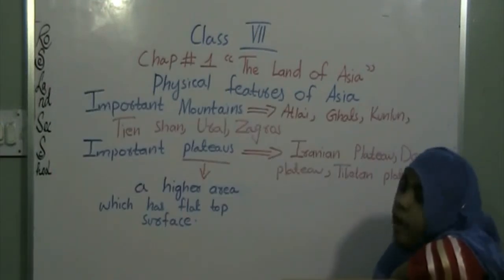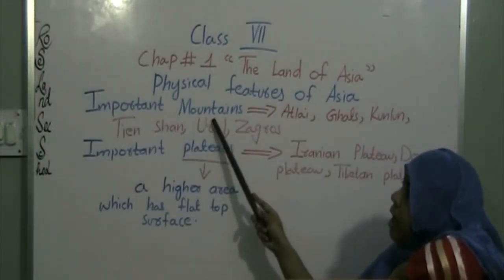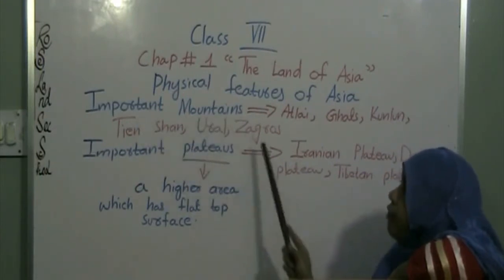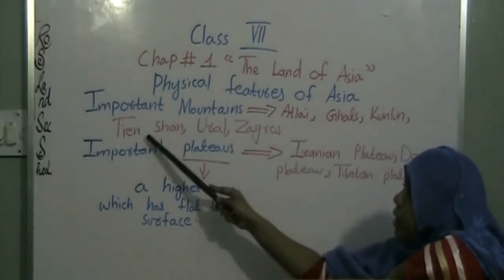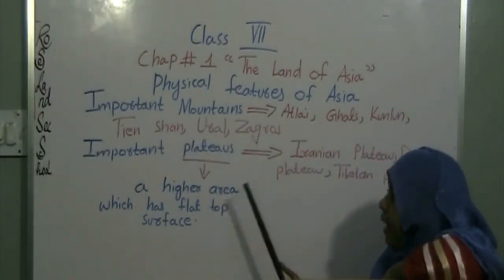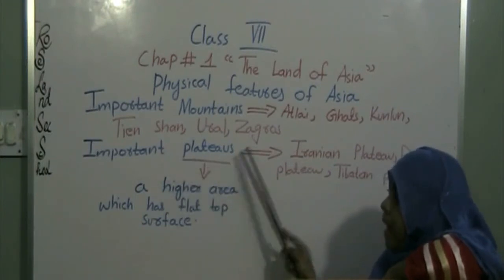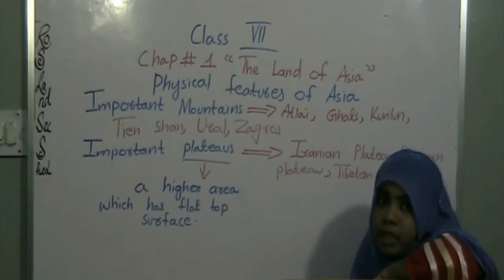Now class, we have our first physical feature, that is mountains. The important mountains of Asia are Altai, Ghats, Kunlun, Tian Shan, Ural and Zagros. And then class, we have plateaus. First of all, what is meant by plateaus?